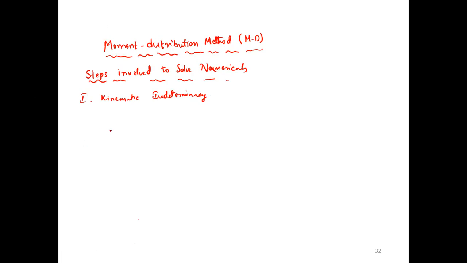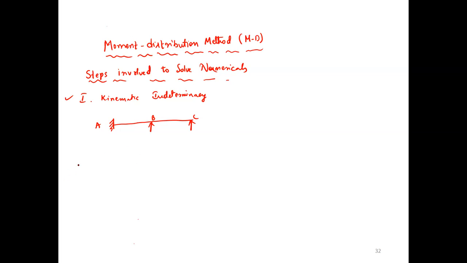We know how to determine kinematic indeterminacy, so I'll consider a simple beam for understanding purposes. Later on, we move on to some complicated frames. Just tell me, what is the kinematic indeterminacy of the given beam? 2, sir. 2. Theta B, theta C. You know that, so we can skip this step.